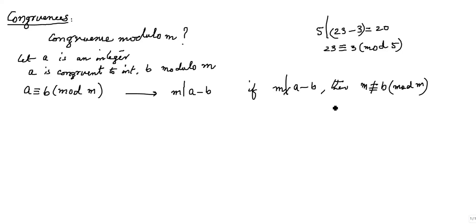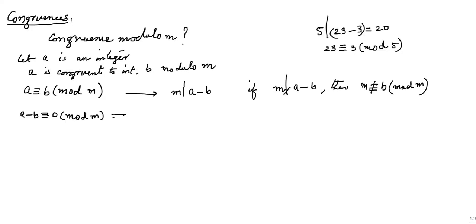So we know that if m divides A minus B, it means the remainder, when we divide A minus B by m, is 0. So we can also write A minus B congruent to 0 modulo m.